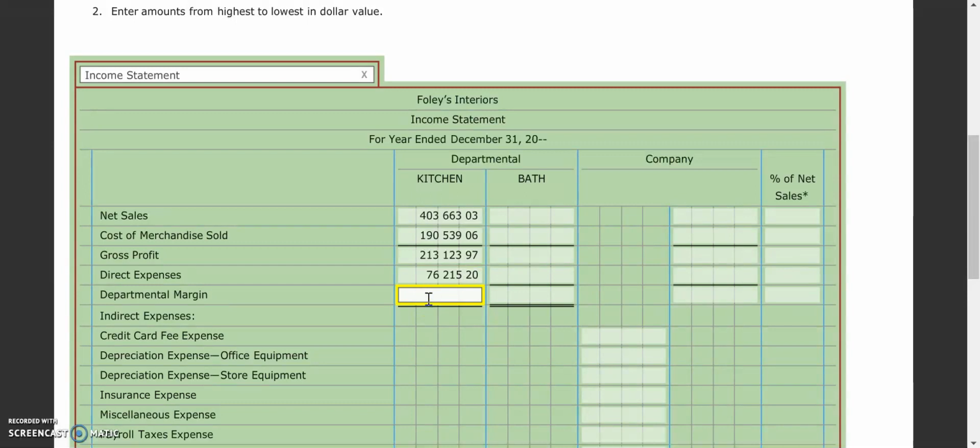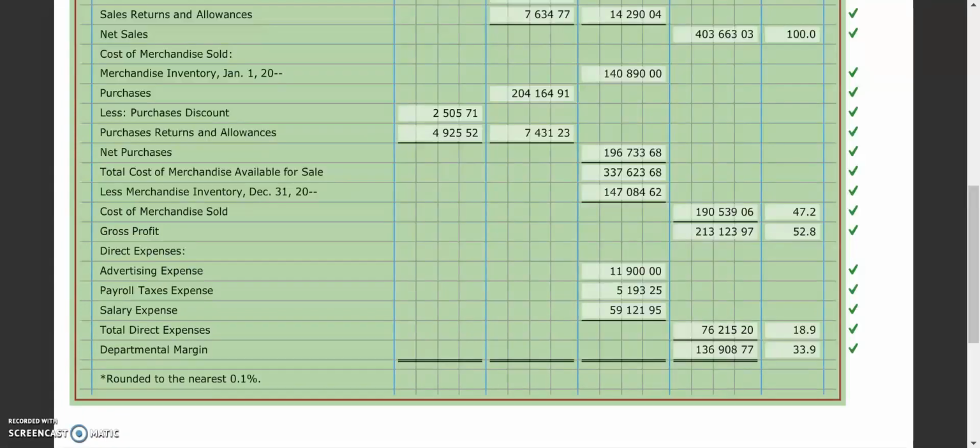And so our departmental margin, the difference between those, is $136,908.77. Again, you could find that by going here. It's the same place, but no big deal. Either way, you can look it up, or you can do the math.